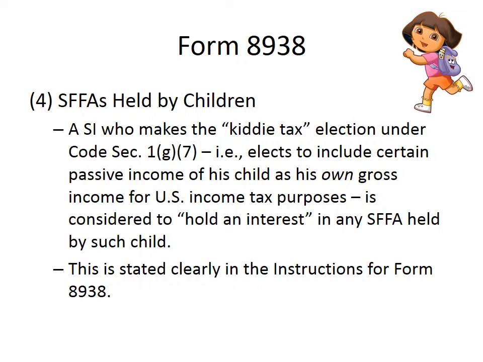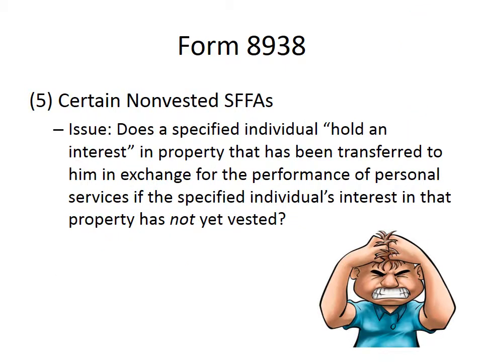That person, that specified individual, is considered to hold an interest in any specified foreign financial asset held by his child. Where do we get this from? This comes from the instructions for Form 8938.